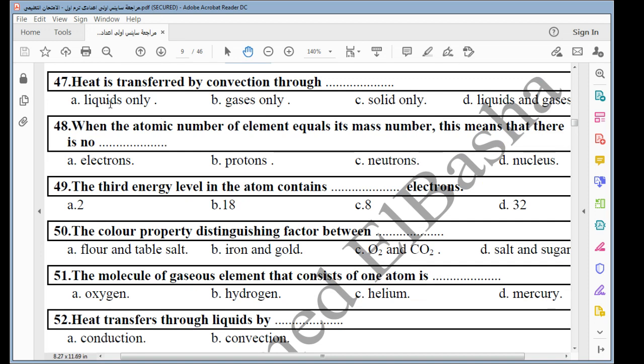Number 47 heat is transferred by convection through. طبعا ايه liquid and gas.